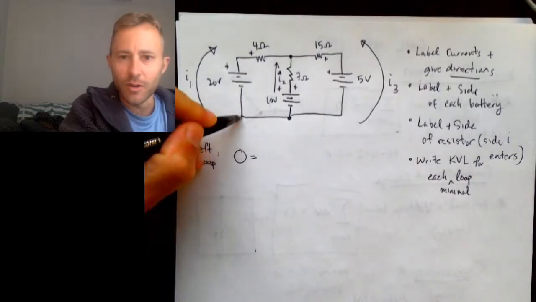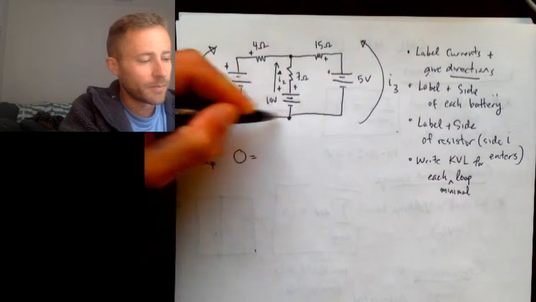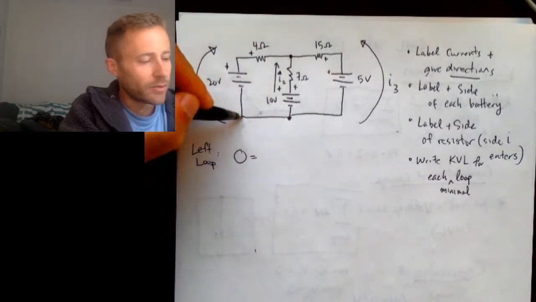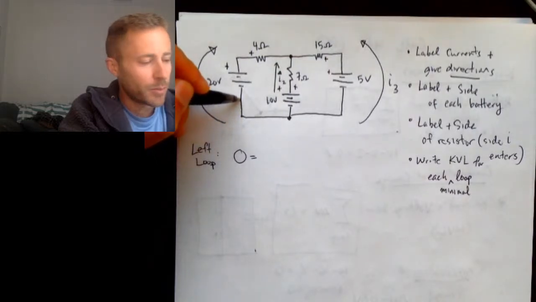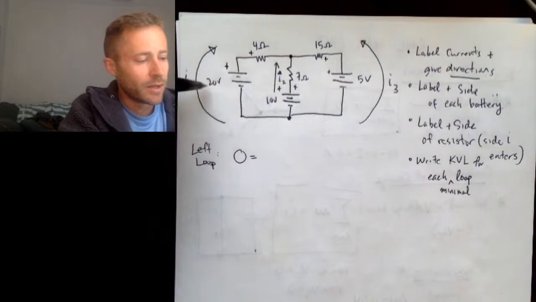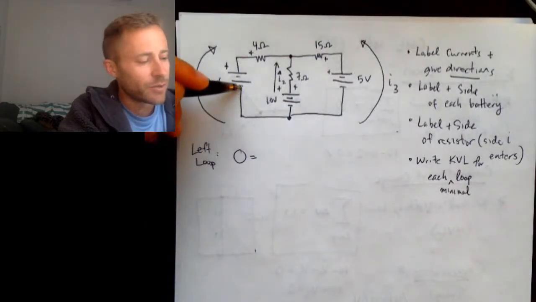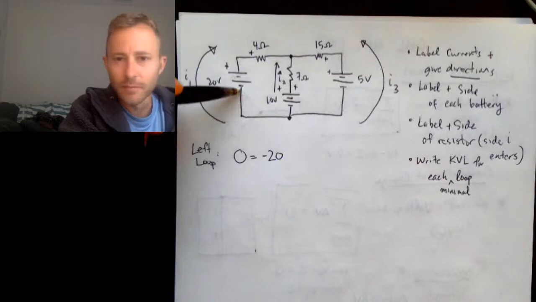So I'm going to start right here, and I'm going to imagine walking around the loop. And then I hit this 20-volt battery, and I run into the negative terminal of that 20-volt battery. So I'm going to put negative 20.